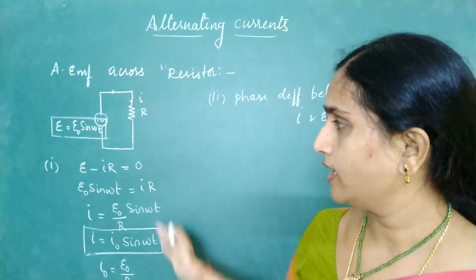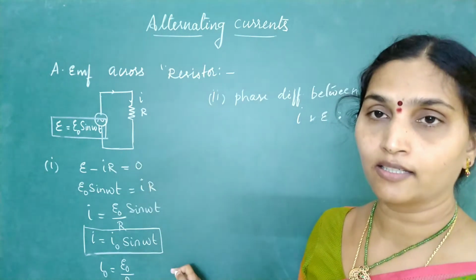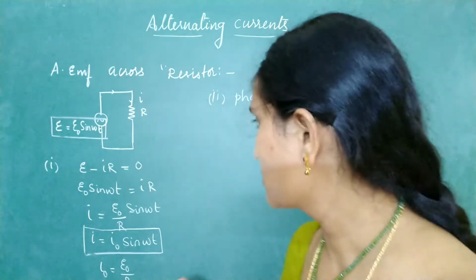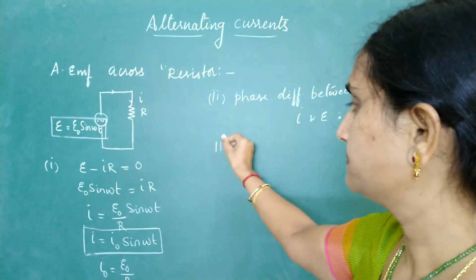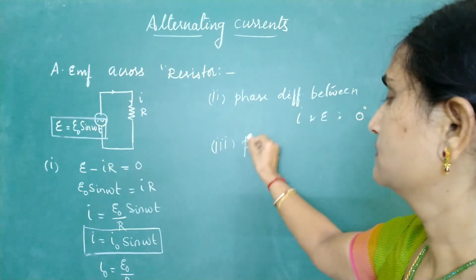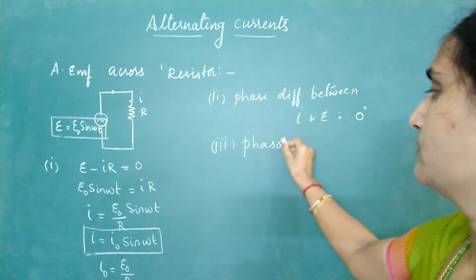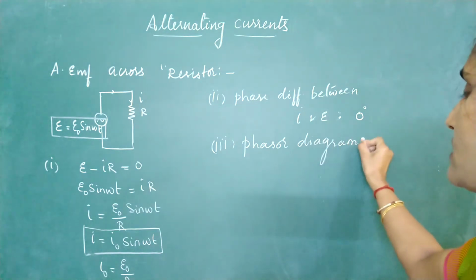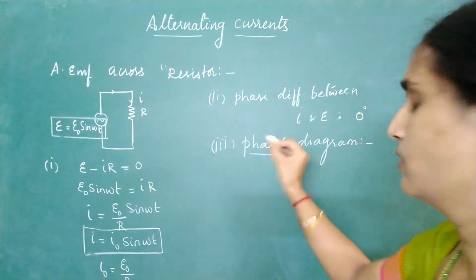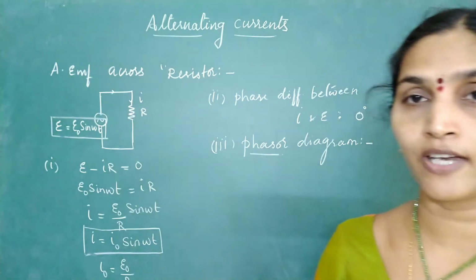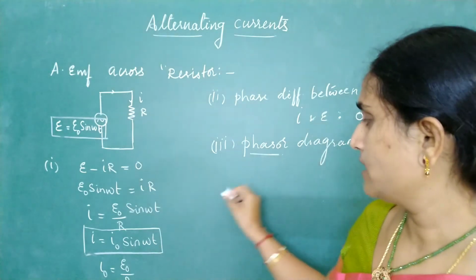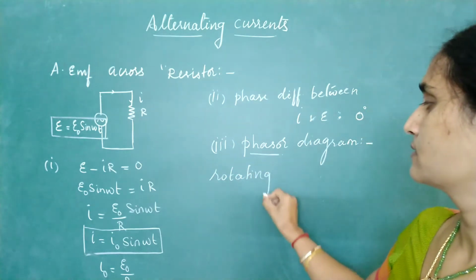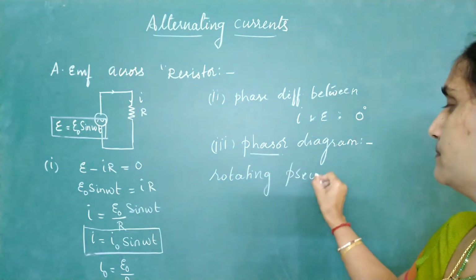Now to show the variation of EMF as well as current, we'll be using one diagram in this chapter, called a phasor diagram. For the first time you're listening to the word phasor. First let us understand what we mean by the term phasor. Remember, a phasor is a rotating pseudo vector.